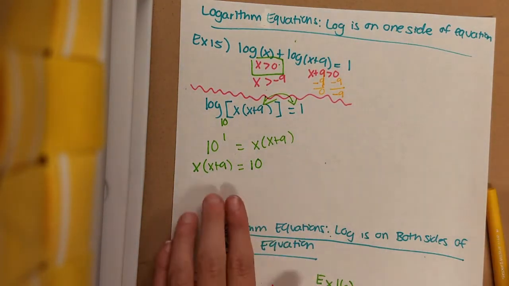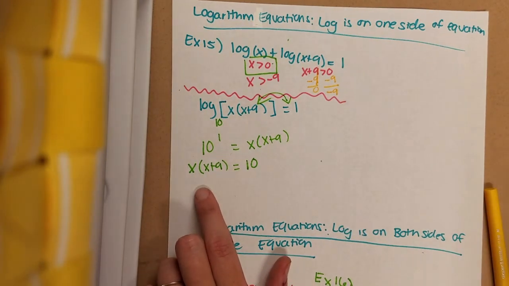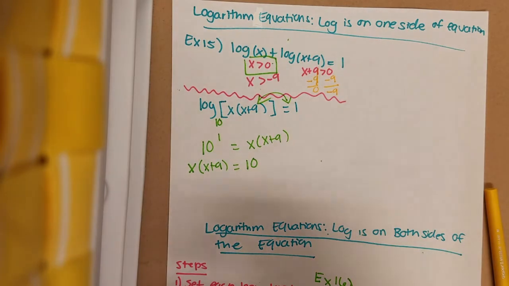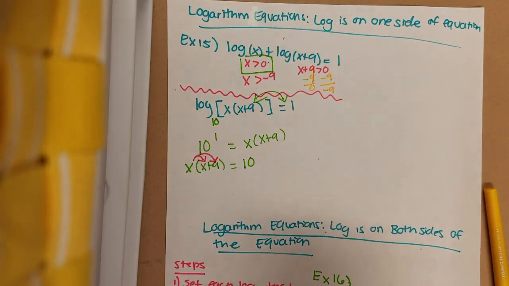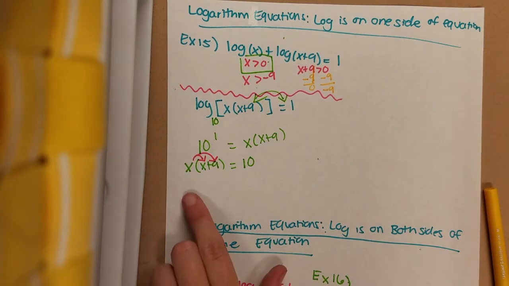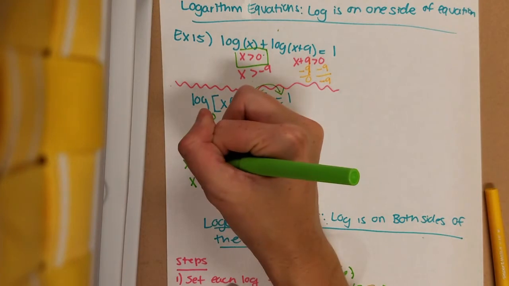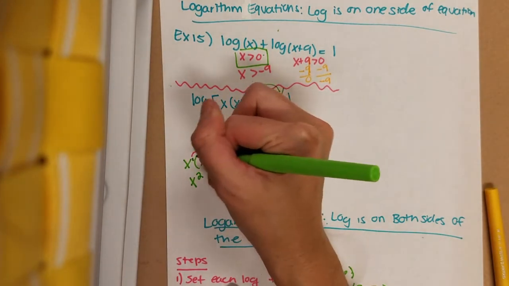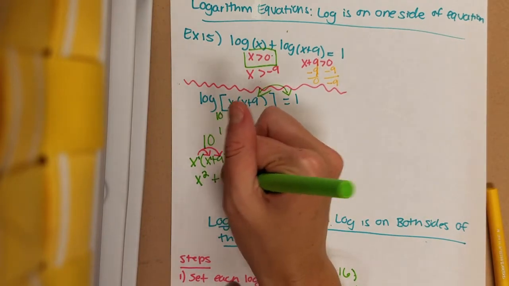Let's start solving this. When I have something outside of a parenthesis, the way we handle that is through distributing, using the distributive property. So x times x is x squared. You add the exponents, which each secretly have a 1, so 1 plus 1 is 2. And x times 9 is 9x.